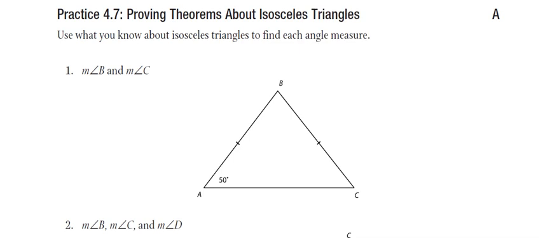All right, so we're going to start with our solutions to last night's homework, which was on page 84. So first thing here, we have that the measure of angle C is 50 degrees, and the measure of angle B is 80 degrees.